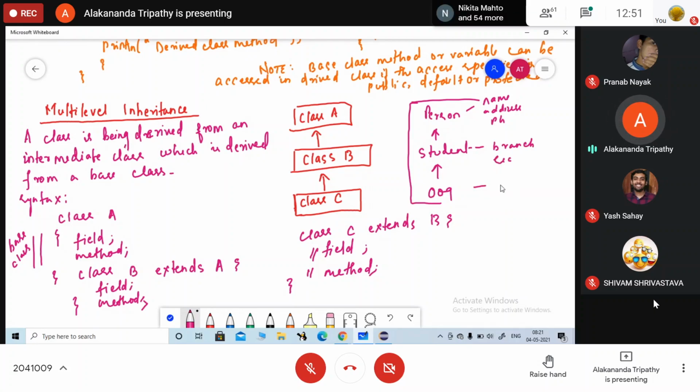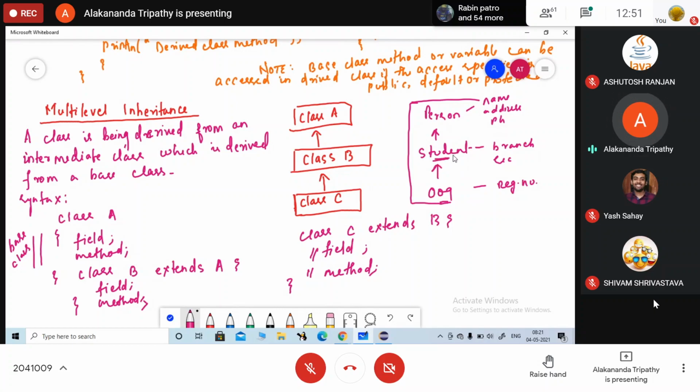Then here you will have your registration number. So if you have to access the object of 009, whom will it access? It will take the details from which class?